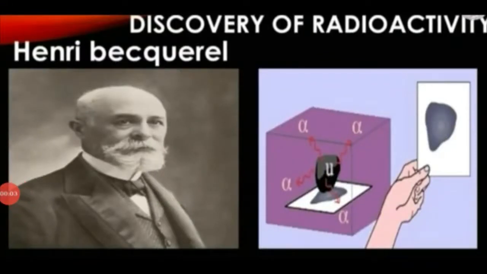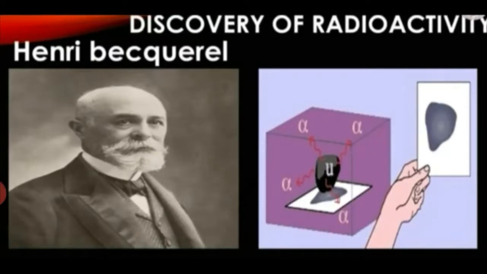Radioactivity. Discovery of radioactivity. In the year 1896, French physicist Henri Becquerel finished his research for the week and stored a certain amount of uranium compound away in a drawer for the weekend. By chance, an unexposed photographic plate was also stored in the same drawer. After a week, he returned and noticed that the film had been exposed to some radiation.